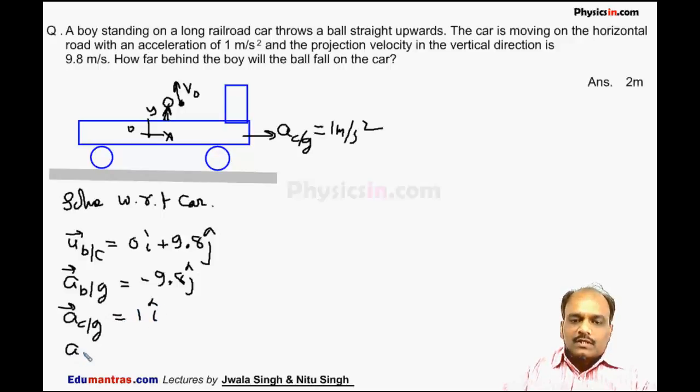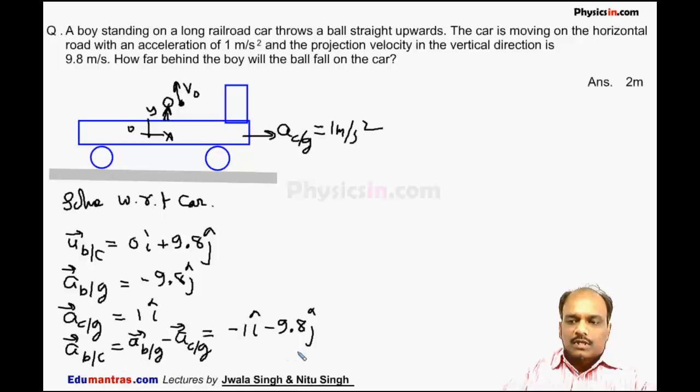So I can say acceleration of ball with respect to car is acceleration of ball with respect to ground minus acceleration of car with respect to ground. So acceleration of ball with respect to ground is minus 9.8 j cap, and acceleration of car with respect to ground is minus 1 i cap. So I will substitute here. It becomes minus 1 i cap minus 9.8 j cap. This is the acceleration of the ball with respect to car.